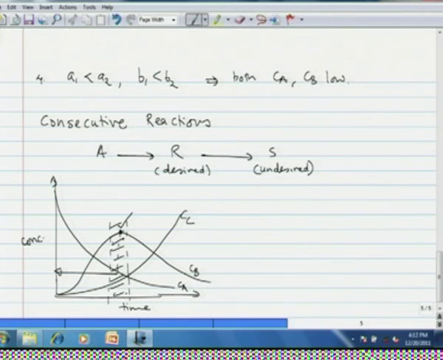Therefore, although the point of maximum yield may be this, the point of optimum operation could be at much lower conversion, which would suppress the formation of the undesired product. Now, in this case, of course, we are going to have large recycle flow, but that is still affordable compared to the loss of reactant to the waste product.